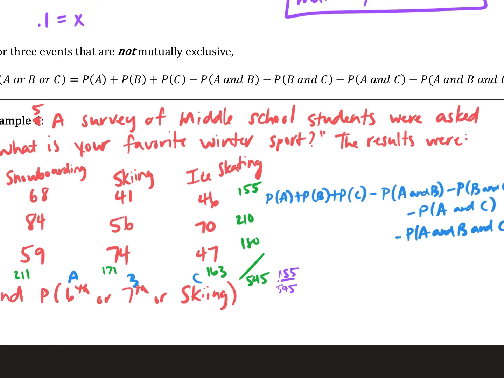The probability of them being in 7th grade is 210 over 545. The probability of them liking skiing is 171 over 545.